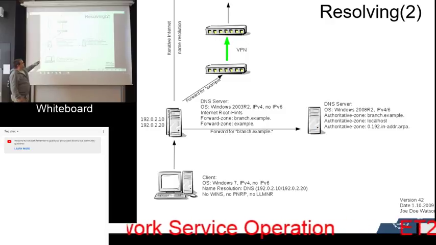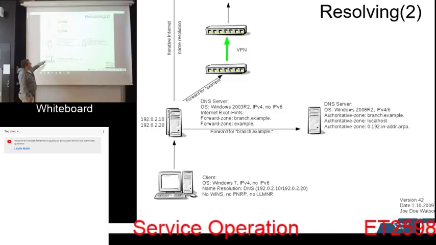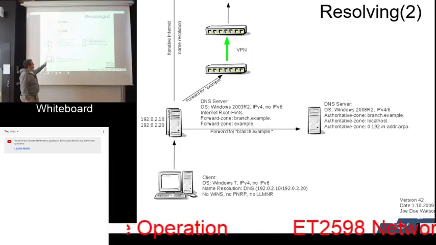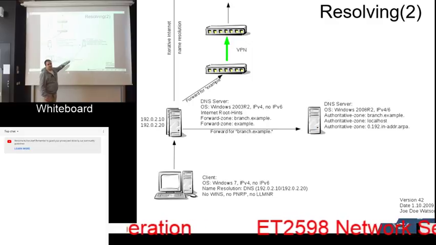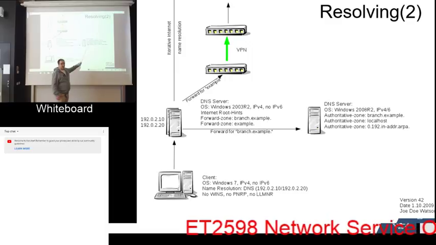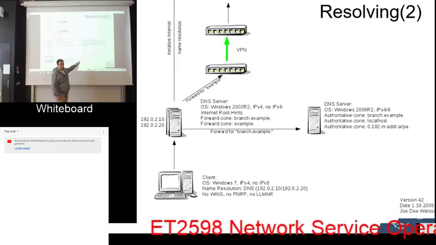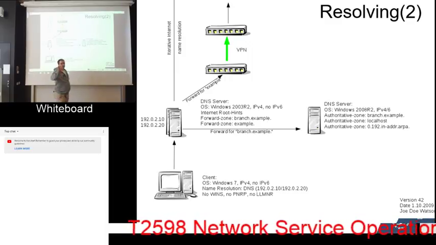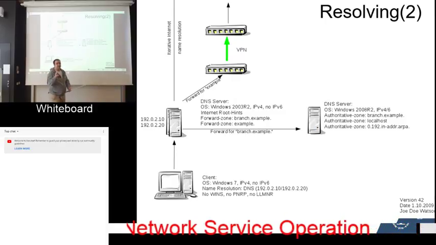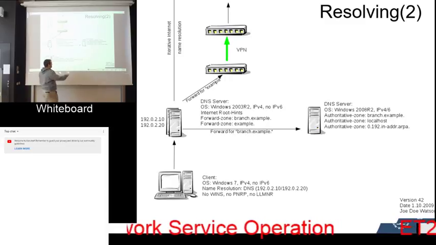This checks its config, says, okay, I'm handling branch example, but actually I'm not replying to it, this entity is replying to it. So it forwards the request to this entity. This entity can resolve a.branch.example and replies with the IP number, answering.